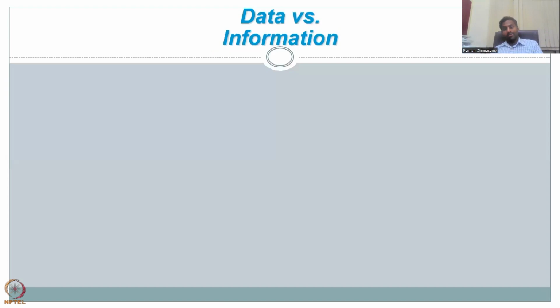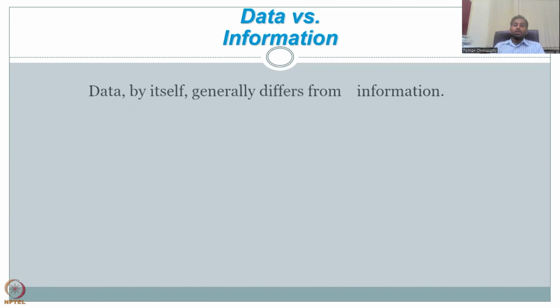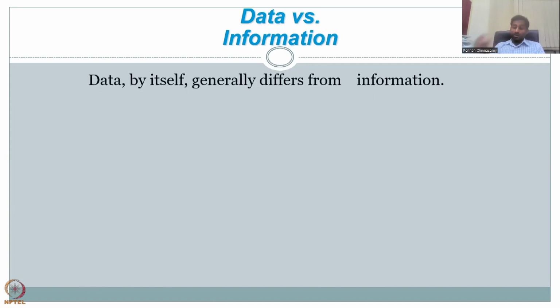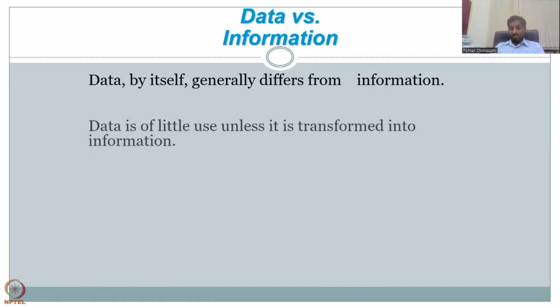Let's ask this question, which I ask a lot at IIT. What is the difference between data and information? Many struggle to answer this because they think it's the same. Numbers are data and you call numbers information. No, it is not. Data by itself differs a lot from information.